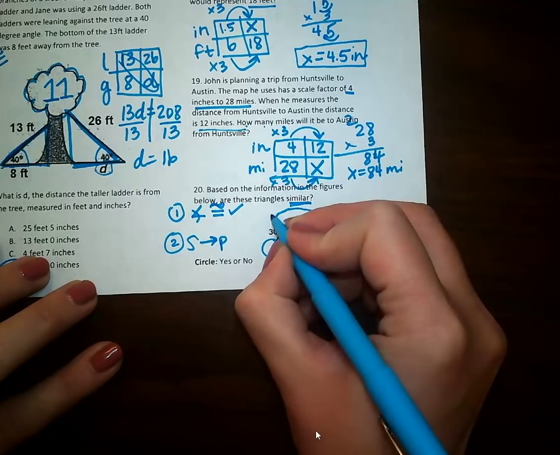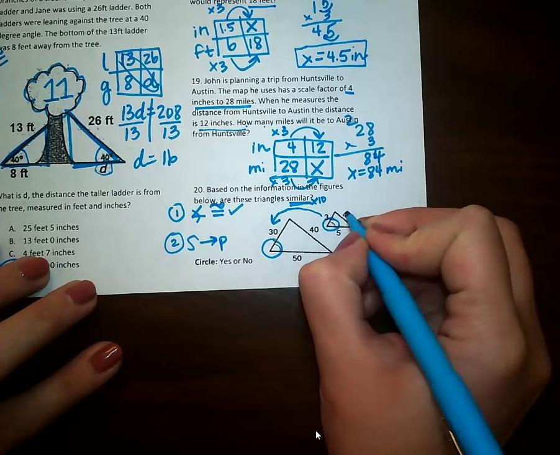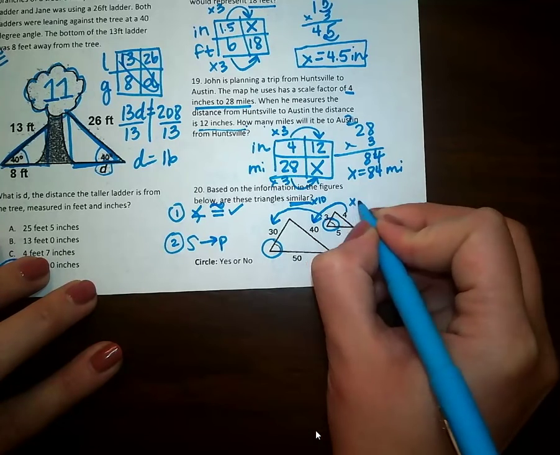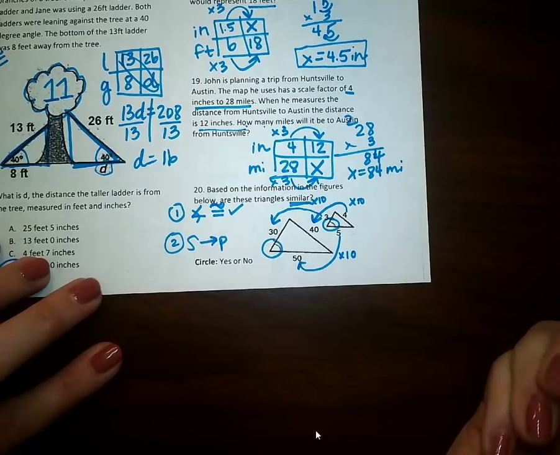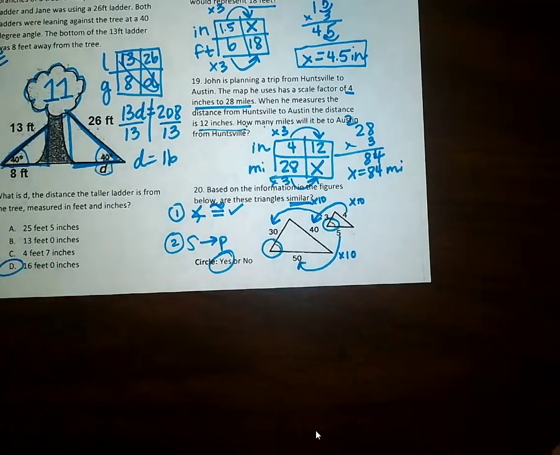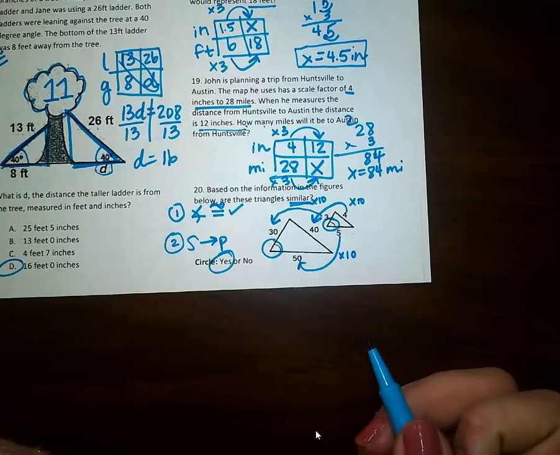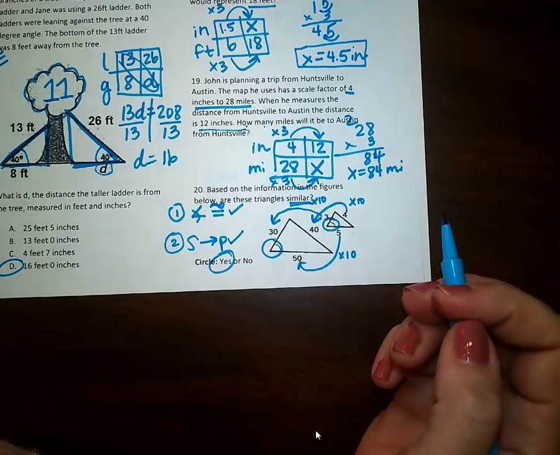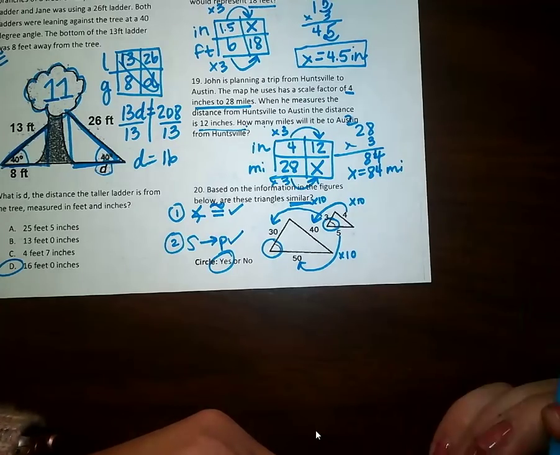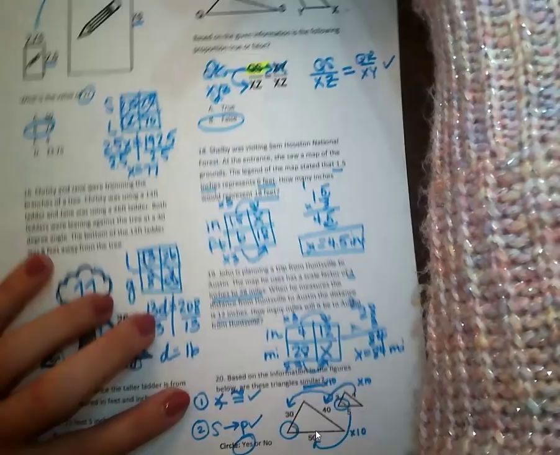So 3 times 10 is 30. 4 times 10 is 40. 5 times 10 is 50. So I would definitely say yes, that their corresponding sides are proportional and their corresponding angles are congruent, which means they are similar.